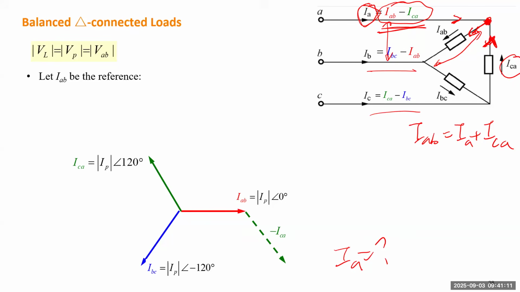Then we calculate the sum of the two phasors: we start from the end of the first phasor to the head of the second phasor. So that will be IA. IA will be lagging IAB by some angle, which is 30 degrees.